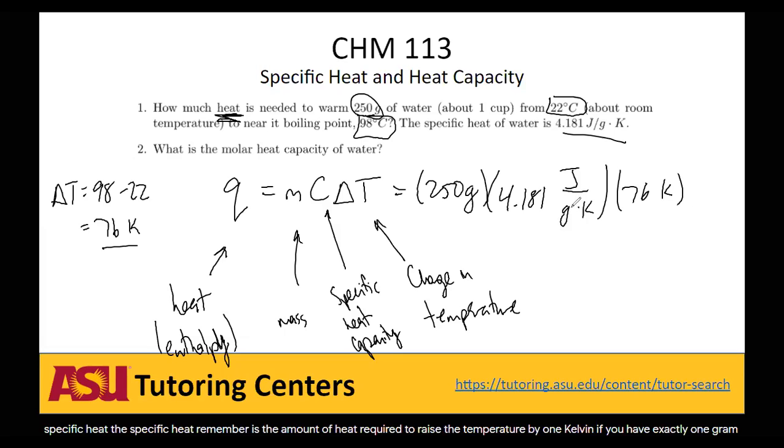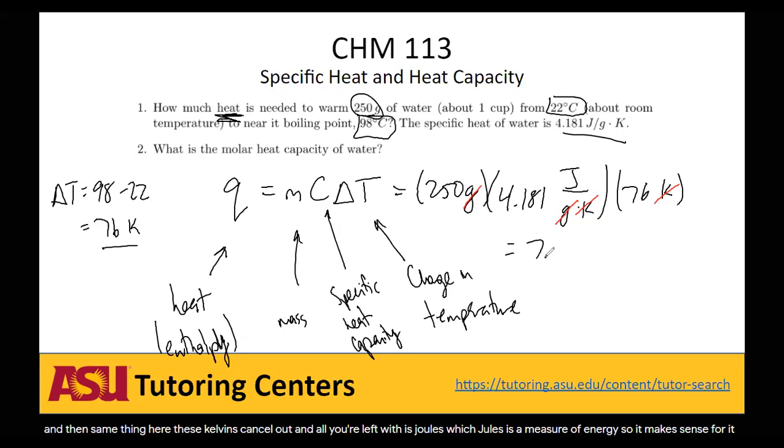So because the unit in your specific heat is grams, you'd want to leave this in grams as well, so they would cancel out. And the Kelvins cancel out too, and all you're left with is joules, which is a measure of energy, so it makes sense for it to be the unit of heat here.